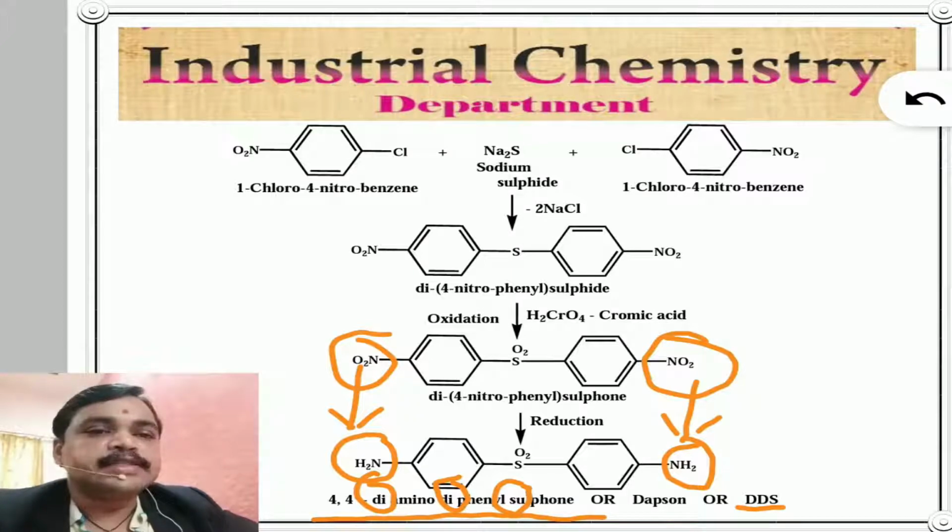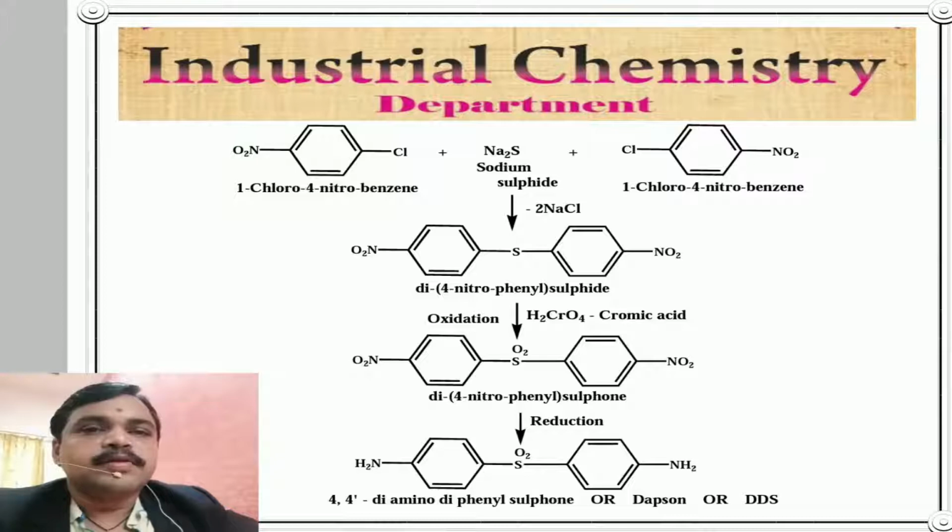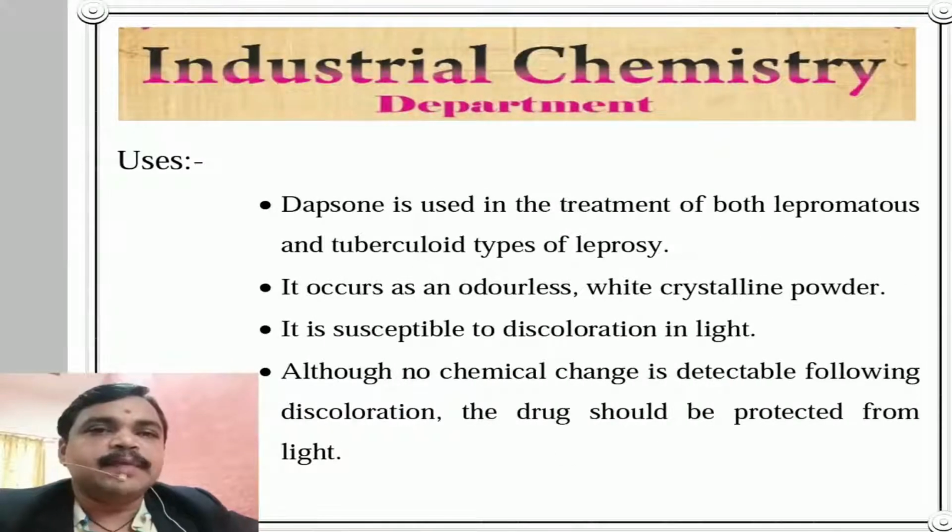Now, the industrial or medicinal application of dapsone. Dapsone is used in the treatment of both lepromatous and tuberculoid types of leprosy. Please note this. Second, it occurs as an odorless white crystalline powder. It is a property of dapsone.